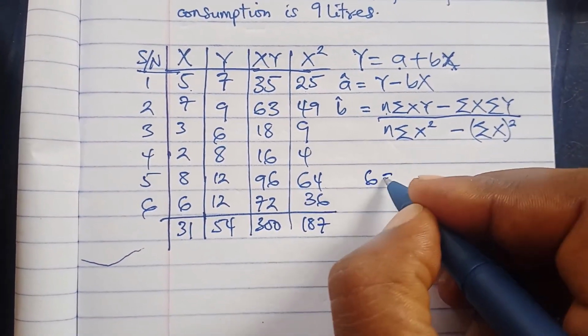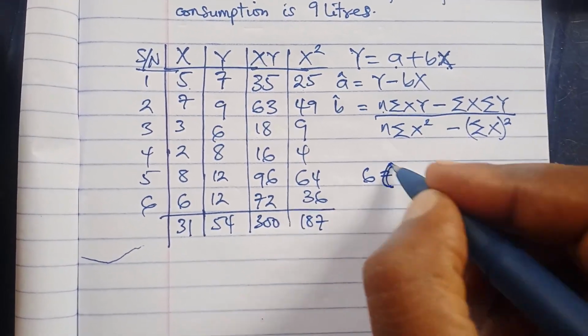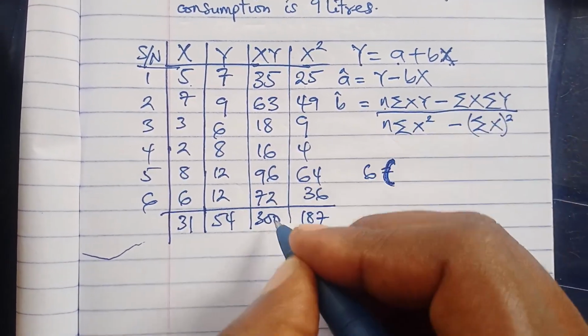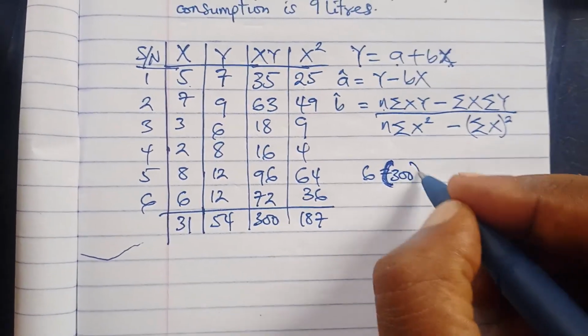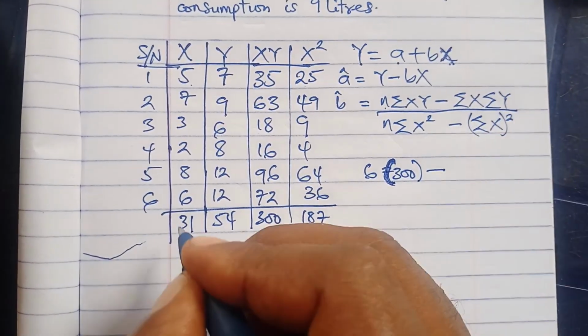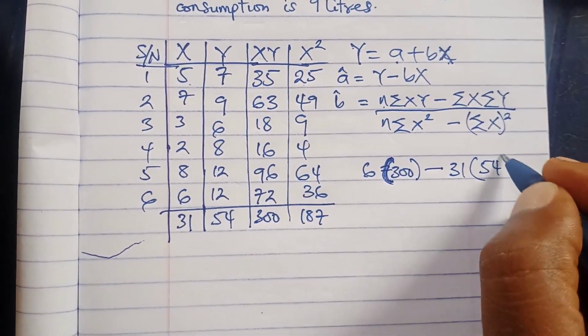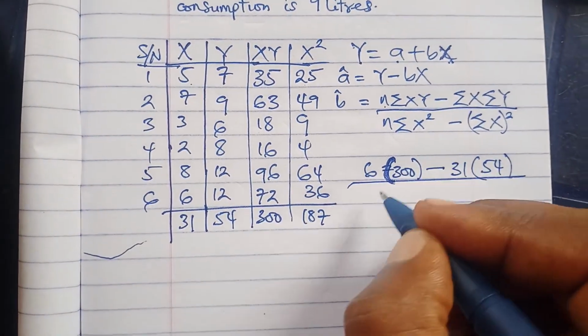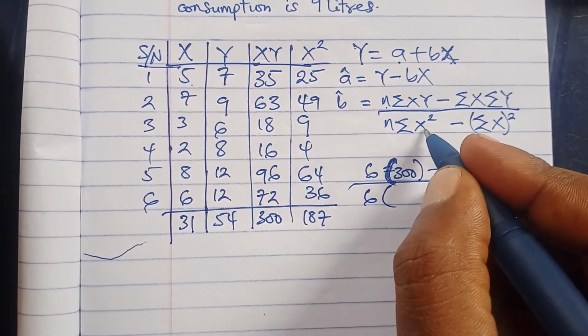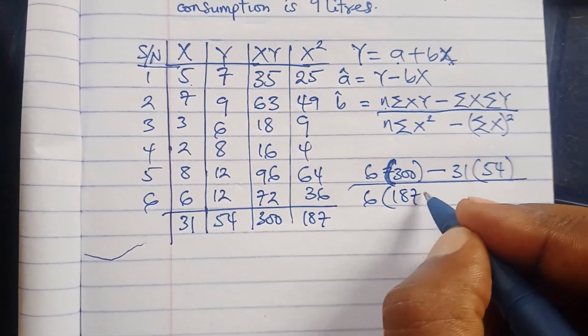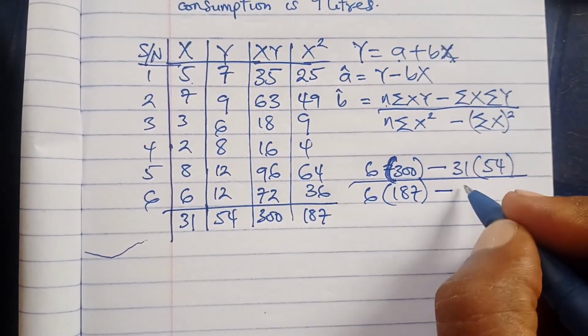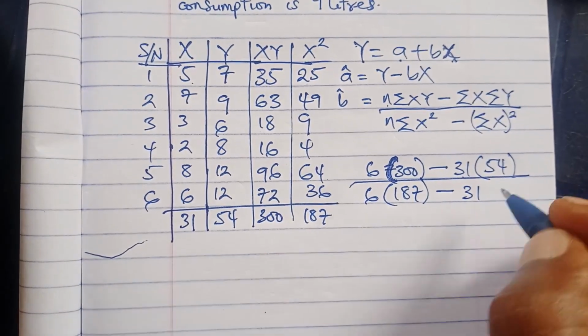So we say 6 times summation xy, which is 300, minus summation x, which is 31, times summation y, which is 54, all over n, which is also 6, times summation x squared, which is 187, minus summation x, which is 31, then squared.